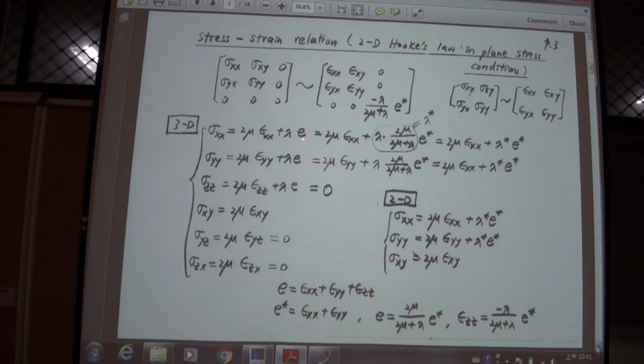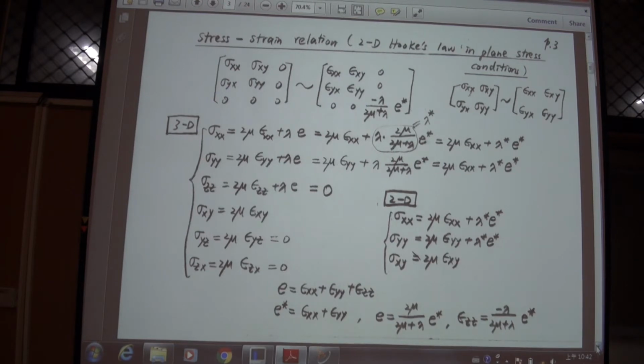And now e can be replaced by this relation: 2μ over 2μ plus λ times e star. This relation has been mentioned before and we rewrite it here.